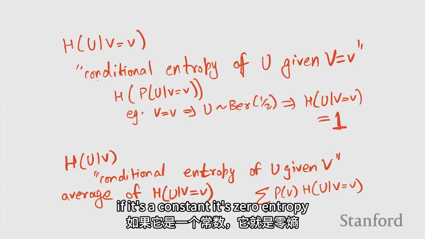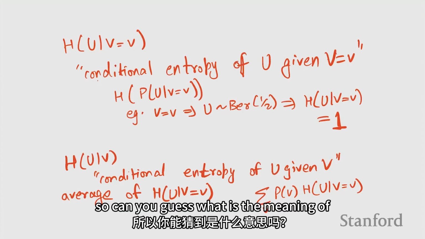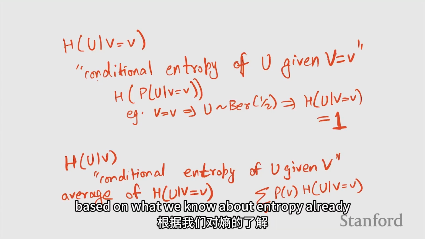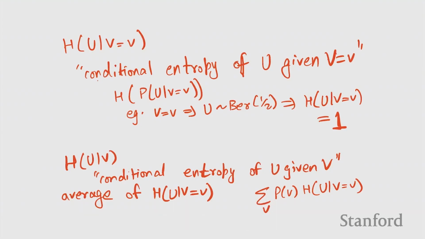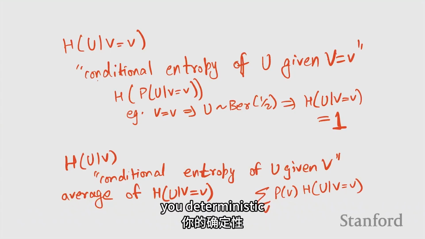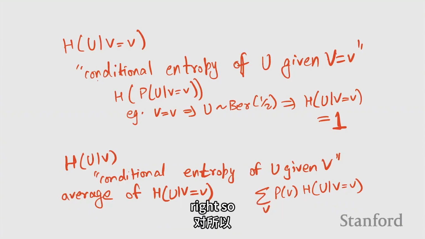If it's a constant, it's zero entropy, uniform is maximum entropy. So can you guess the meaning of the conditional entropy of U given V equal to v, based on what we know about entropy already? Let's say knowing that V equal to v makes U deterministic. Then the conditional entropy will be very small, right?